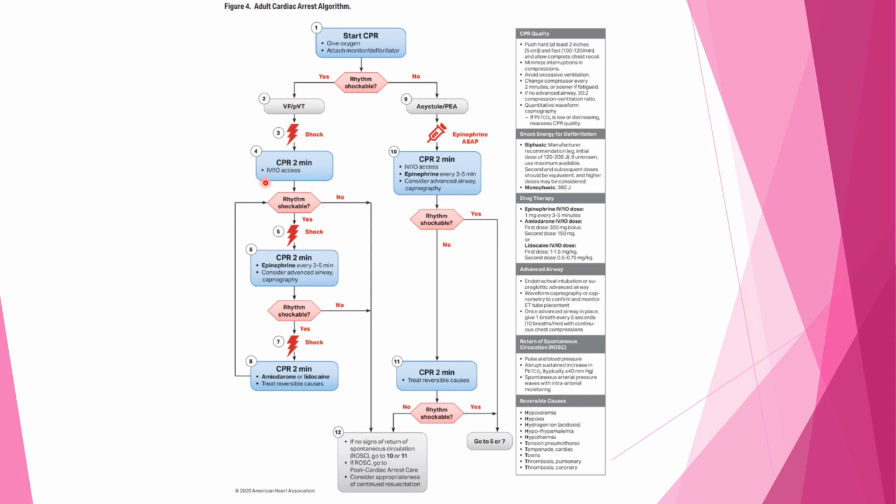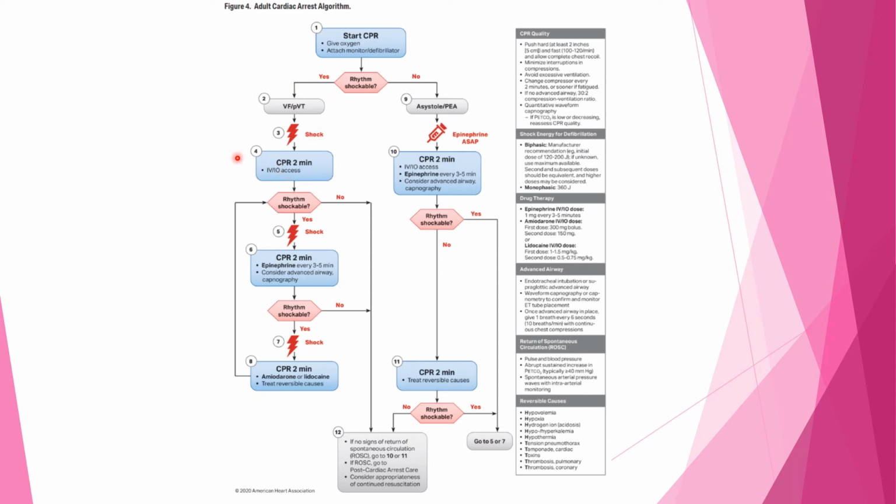And I will try to get IV. If there is no IV available and we cannot insert an IV, then we can try IO, ACLS. So this is the first 2 minutes: high quality CPR, DC shock, and IV ACLS.